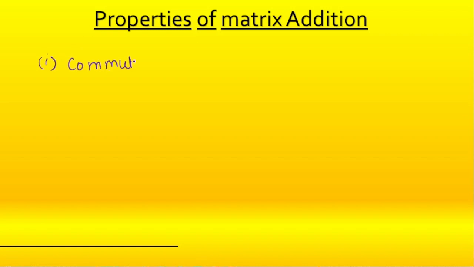Commutative law. What is all about this commutative law? Commutative law is nothing but, I already told, you don't have to bother much about it when it comes to addition, because when you add A plus B matrix, that is going to be the same answer when you add B plus A matrix.